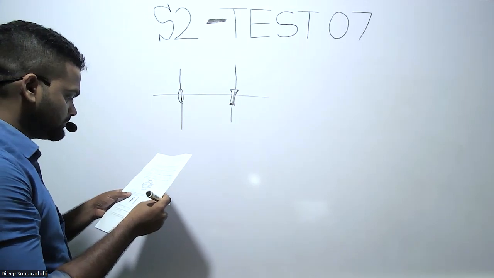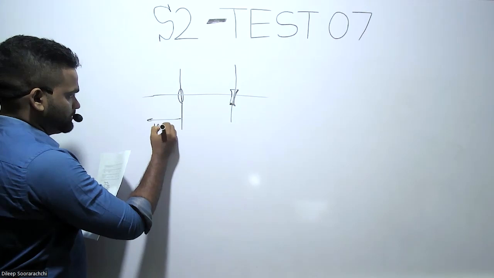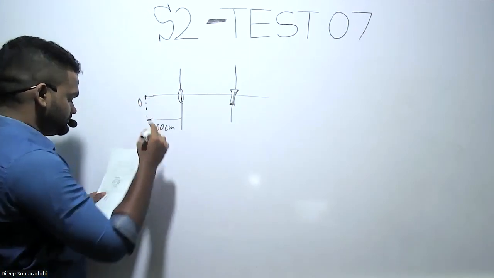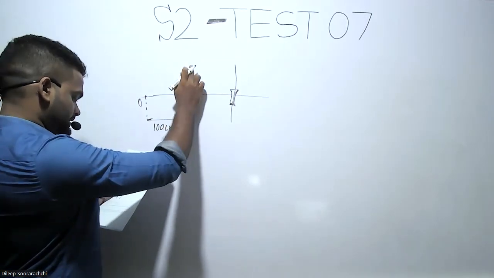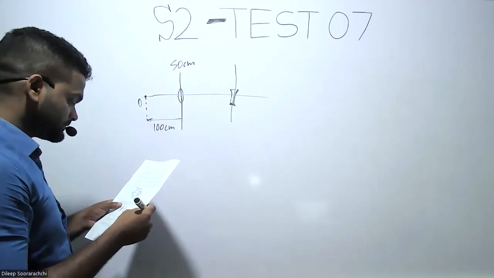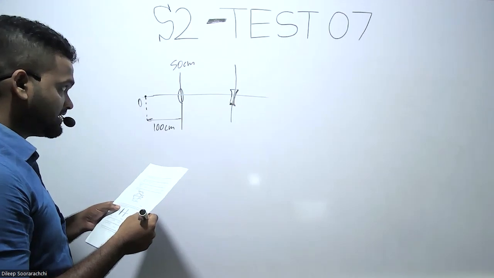Two rays coming from O, which is at a distance of 1 meter. 1 meter means 100 centimeters. So the object is here. The focal length, they say, is 50 centimeters. The rays emerge from the diverging lens as parallel rays.